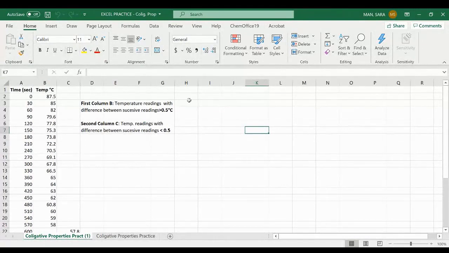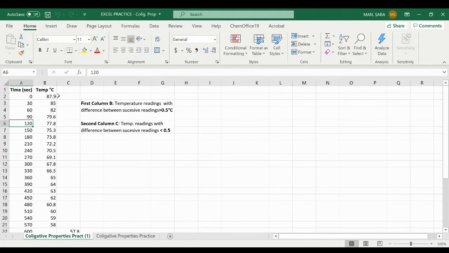And we input the data in these cells, and we enter our data vertically in the columns. So here we have the time, and I input the data at 30 seconds, 60 seconds, 90 seconds, vertically.